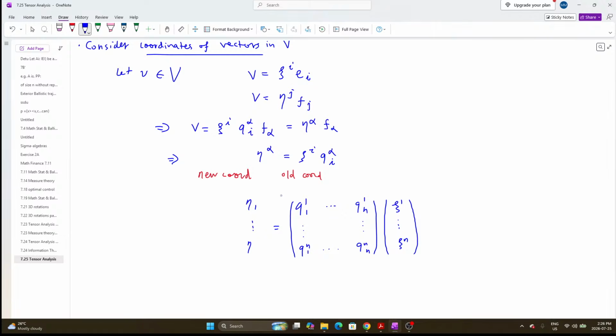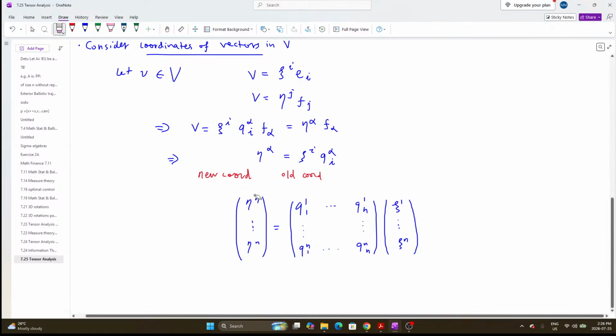Hold on a second, I should use superscript, just to be consistent. Because what we need to do is sum over the column index of Q. So by how matrix multiplication is defined, you need to multiply a vector. So the coordinate vectors are considered column vectors. Yeah, you're feeling tensors already.